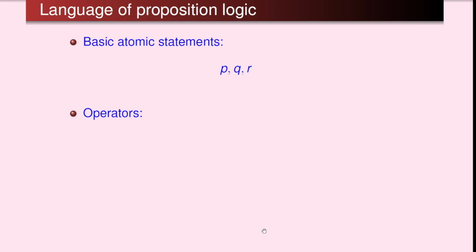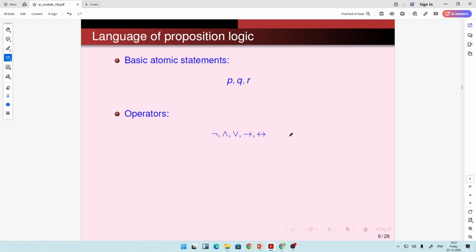The operators that we are going to use with propositional logic are negation, this is the first one, this is and, this symbol stands for or, this stands for imply, and this is equivalent.